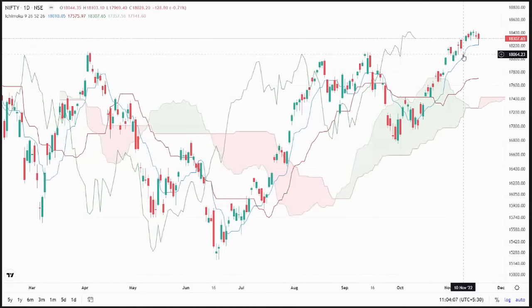This was after the US web result and everything, CPI data. Candles got smaller and smaller out here in spite of this breakout above this zone. So what we are probably seeing is two things happening. Number one, we are seeing sector rotation happening.